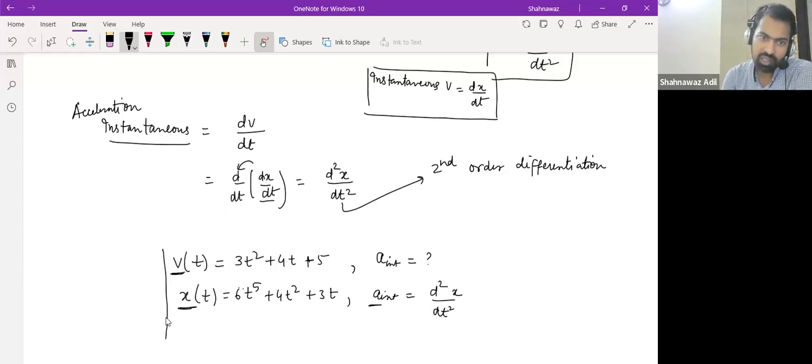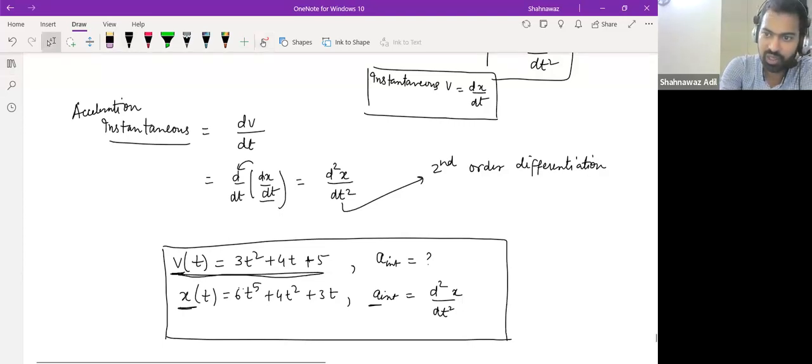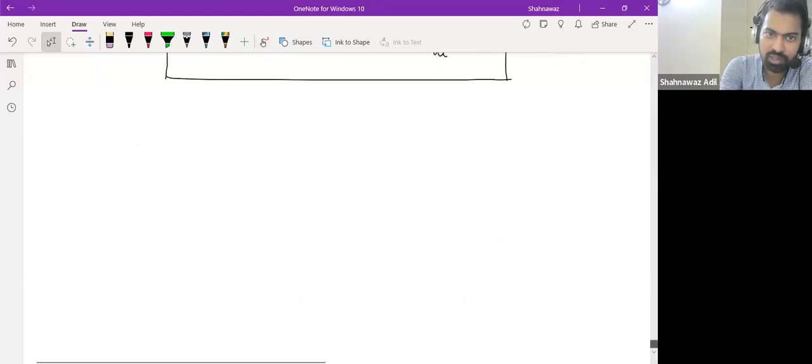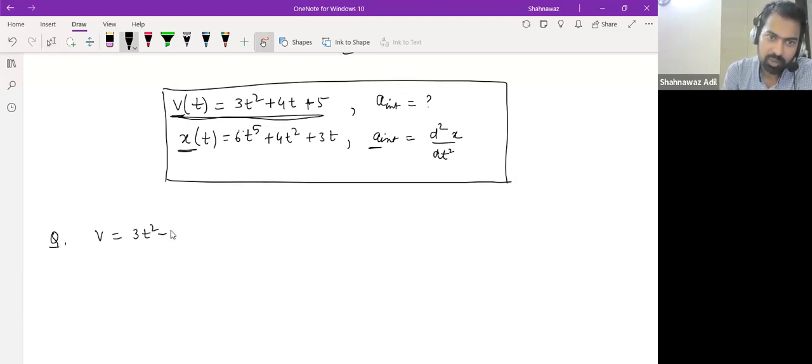So let us take some example and then understand. Let us take this example. In this question we are given the form of velocity, v is 3t square plus 4t plus 5.